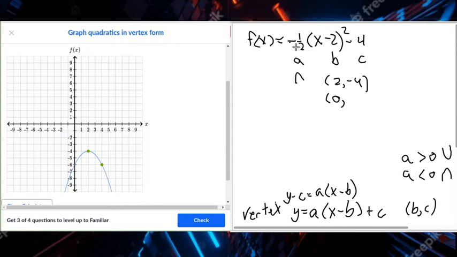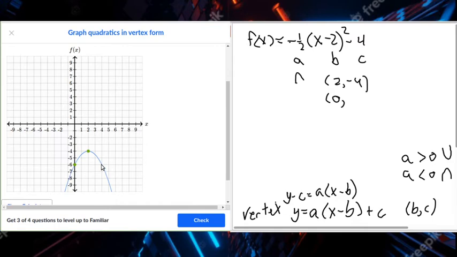Right? And times -1/2. 1/2 of 4 is 2. -2. -2 minus 4 is -6. So we'll do it there.